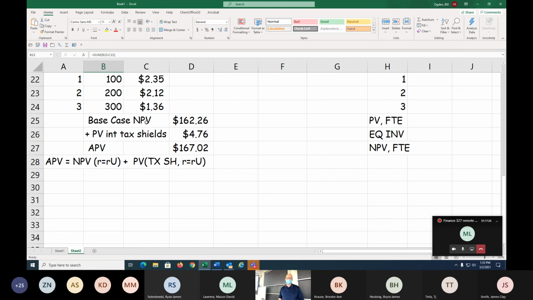I found it interesting years ago, back when we had real classes and I gave paper exams, I would ask a question such as this. People have to calculate all this. And then I would put a little thing at the bottom saying, are your NPV and APV equal?